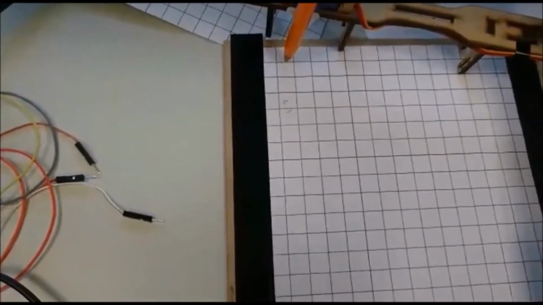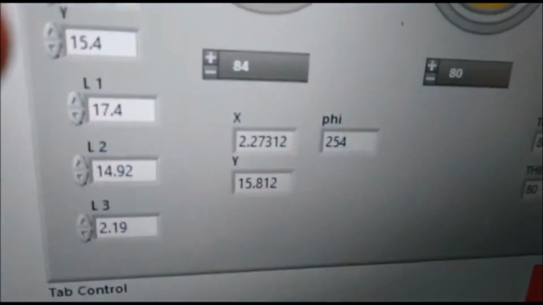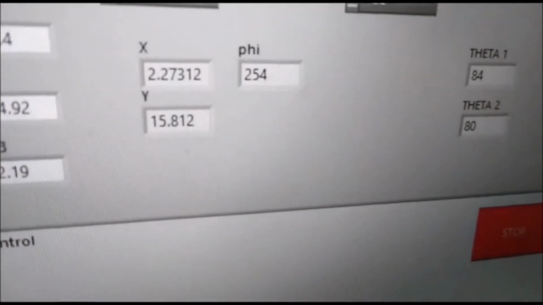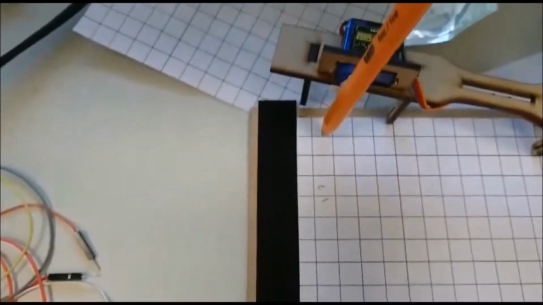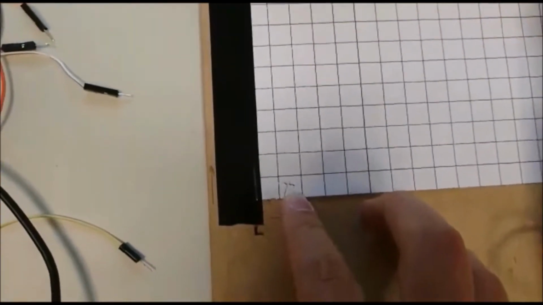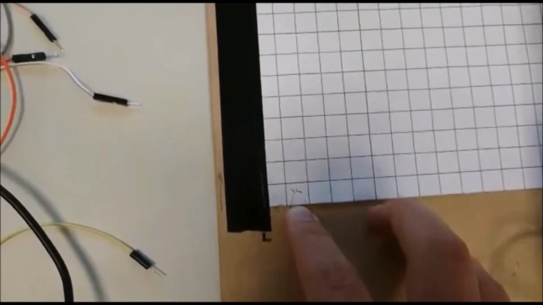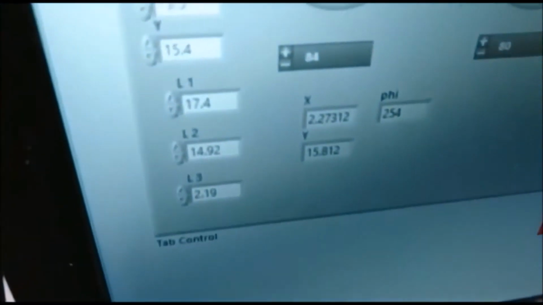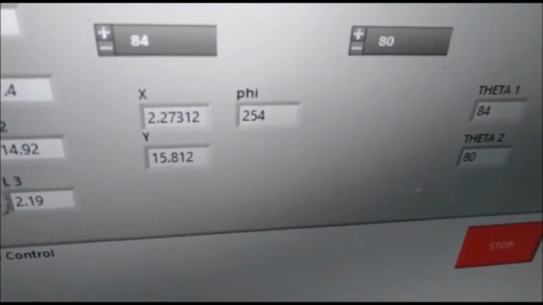So we see the position is more or less like in our image here. We can see that more or less the x-axis is near 2. It has a few troubles, but it's nearly there.